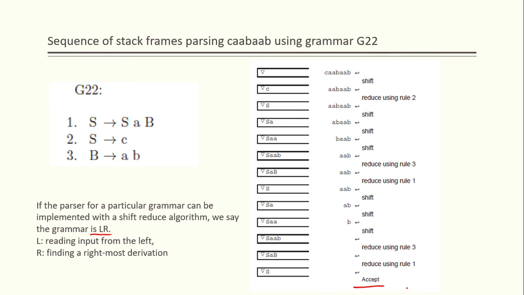So bottom-up normally works for LR grammars. So how to do it? Shift and reduce operations using a stack frame.